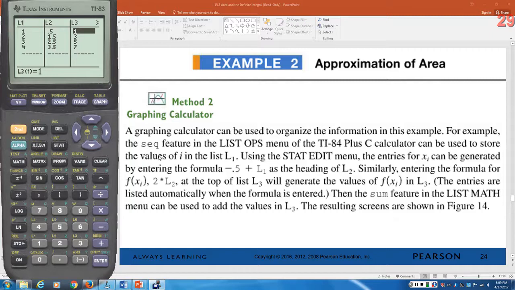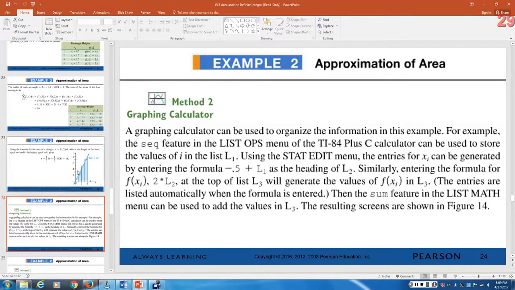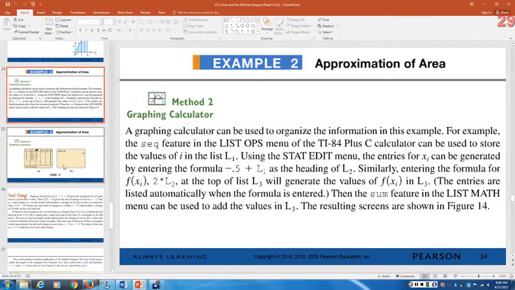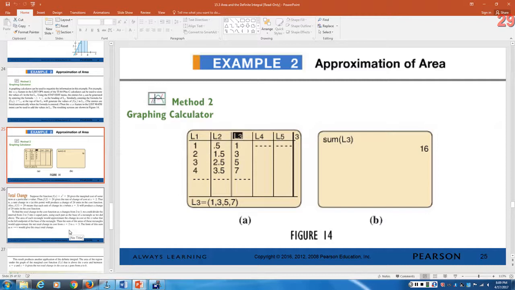So if you do that, then what you're going to see looks like this. And all you really want is the sum of those areas, actually since they're all 1 unit wide, you want the sum of 1, 3, 5, and 7.